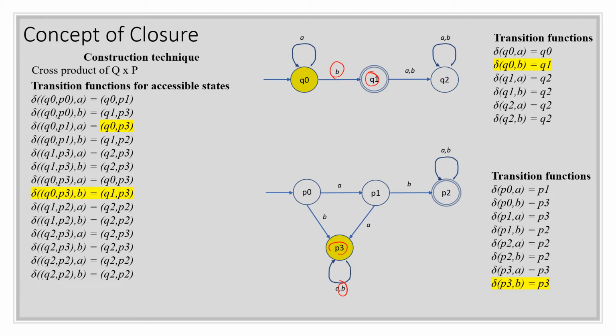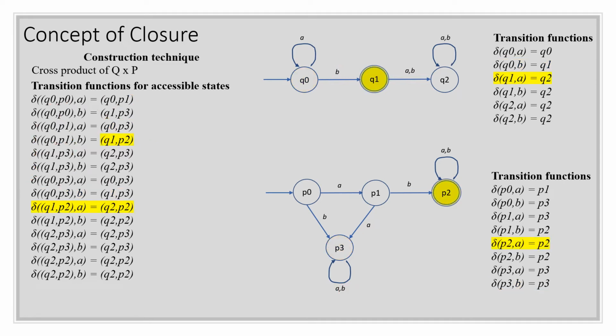So we've done Q0, P0, which was our first state, we've done Q0, P1, we've done Q1, P3. Q0, P3 is the next one. So now the next one we're going to consider is Q1, P2.